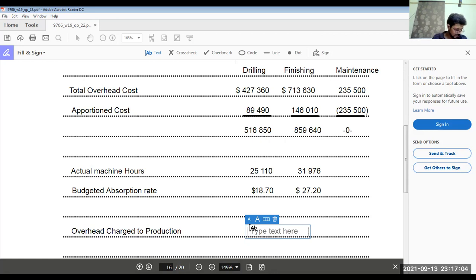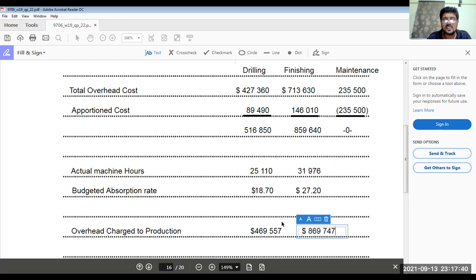The answer is 469,557 dollars. What about here? 31,976 multiplied by 27.2. Answer is 869,747.